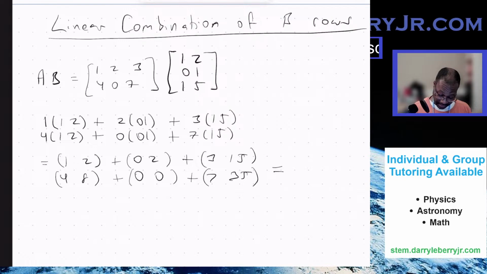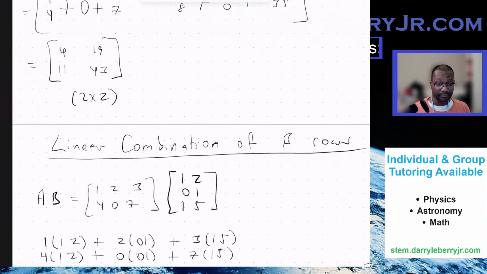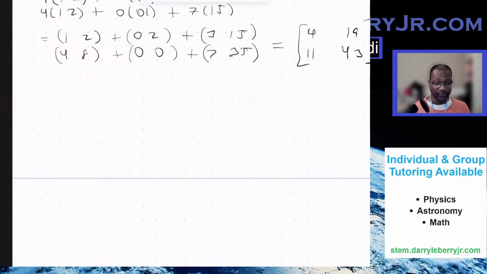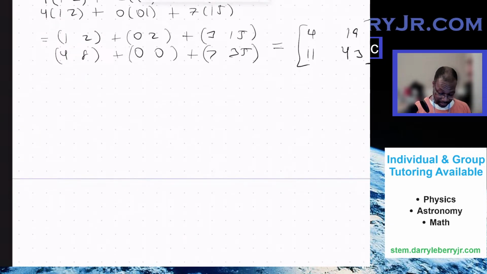So that's going to equal 4, 19, 11, 43. And we see that is the same. And then the last way is called compression.